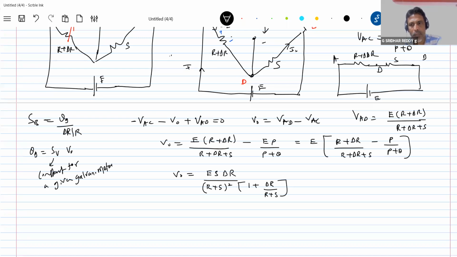I did some replacement of P by P plus Q. What can you write it as? P by P plus Q. Anybody? R by R plus S. Can I write it? From where?